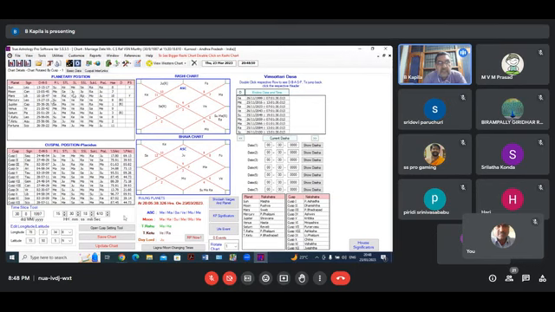If, on the contrary, Moon is not present in the star or sub-sub of Saturn, rather Saturn is present in the star, the sub and the sub-sub of Moon, then in such cases the marriage can happen after 26 years of age.